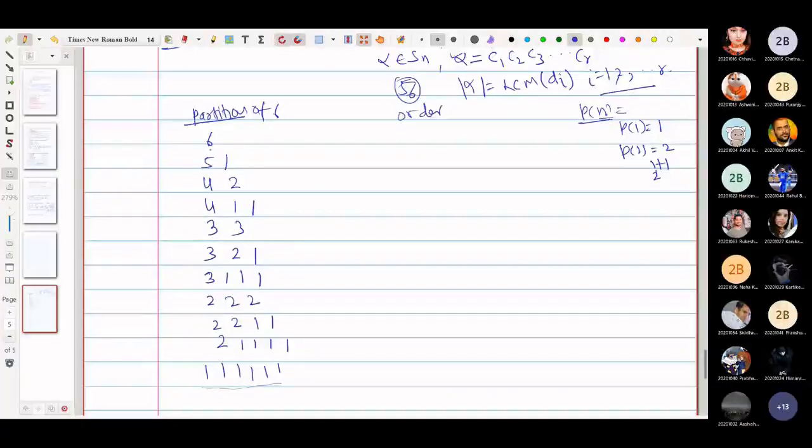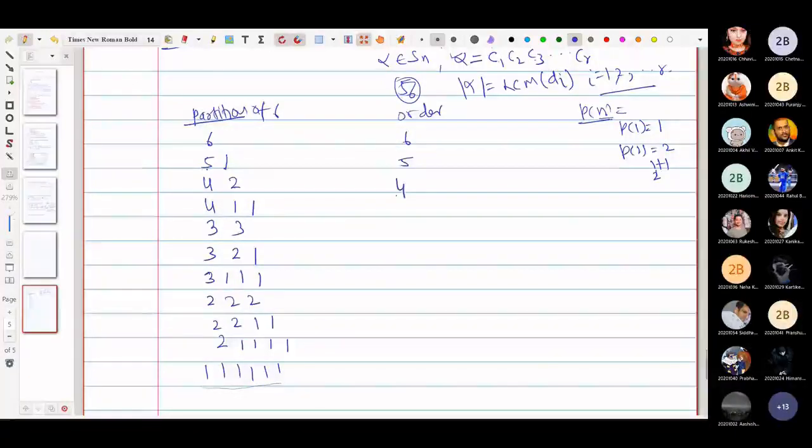So if there is a 6 cycle, what will be the order? 6. If there is one 5 cycle and one single cycle, note that the cycles are disjoint, say C1, C2, C3. The LCM of 5 and 1 is 5, since the order of a 5 cycle is 5 and the order of a single cycle is 1. For 4 and 2, a cycle of length 4 and a cycle of length 2, the order is 4.